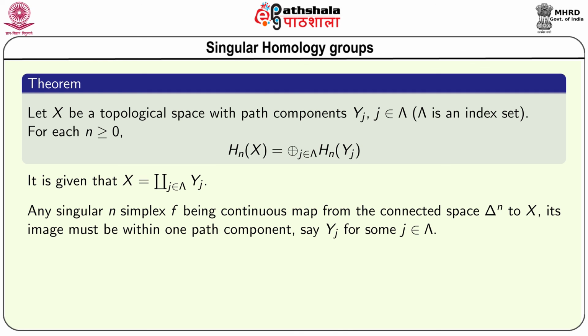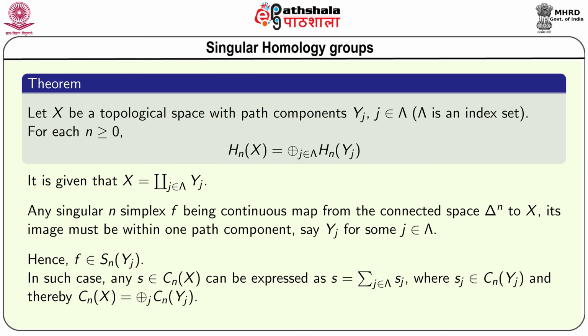It is given that capital X is the disjoint union of the Y_j's. Any singular n-simplex f, being a continuous map from the connected space delta n to X, has its image within one path component, say Y_j, for some j. Hence, f is in S_n(Y_j).